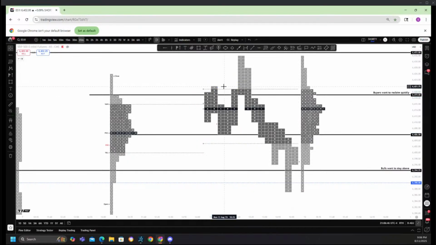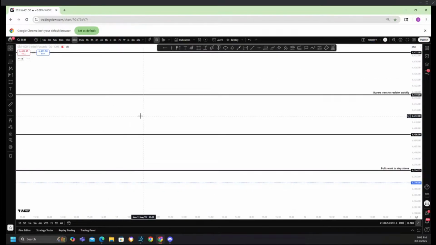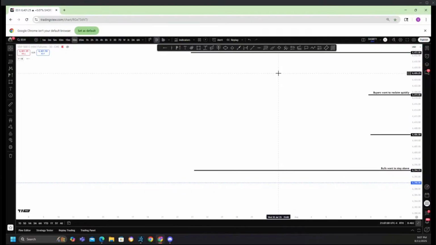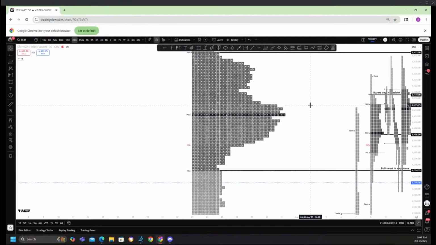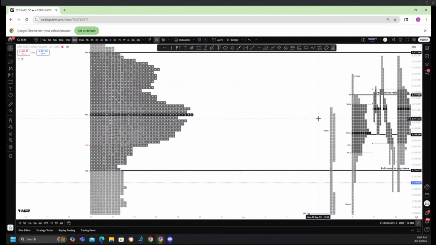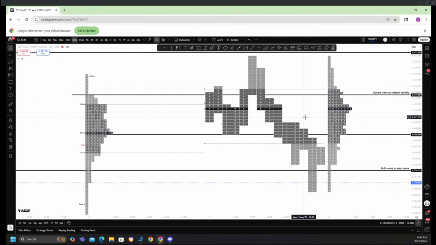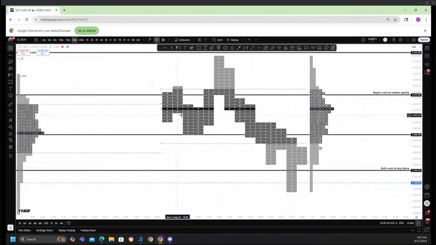If you look here, each period or each letter here represents how many minutes? 30. So it's 30 minutes per letter, and when you look at these periods, it tells you at what level the price was and how much time was spent there. So market profile is more about time rather than volume, right? How much time was spent at what level?